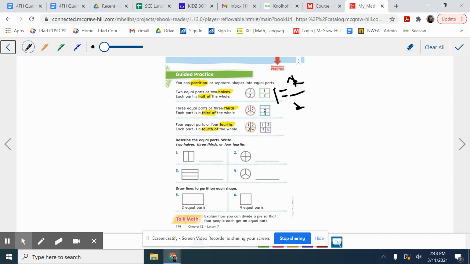Means the same thing. 1 equals 2 halves. Or for thirds, it's 1 whole, or it's equal to 3/3. And for fourths, you can write it's 1.